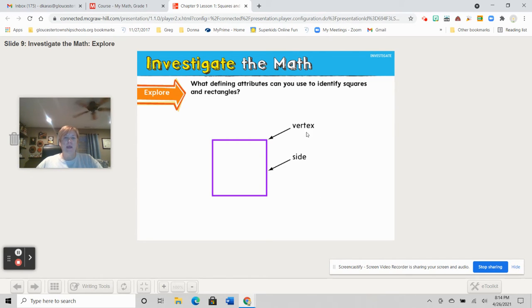How many sides are there in this shape? That's right, 4. This shape is what shape? Tell someone in your house what shape that is. A square, very good. Now, when you say vertex, that means 1. If you're going to talk about how many there are in this shape, this square, it's called vertices. So 1 vertex or 4 vertices, okay?